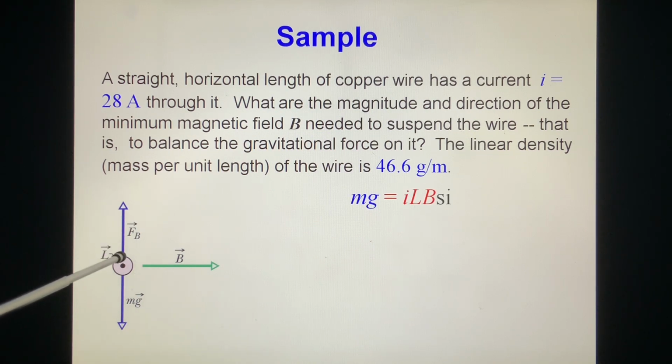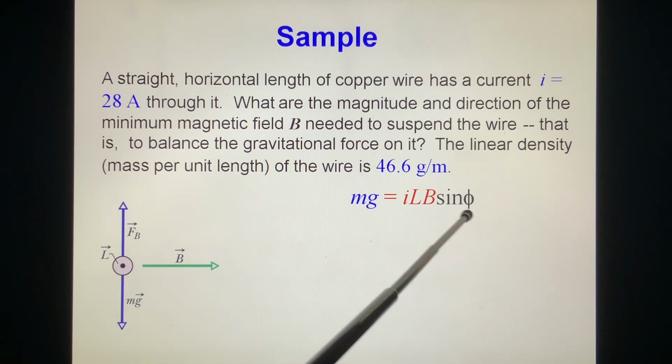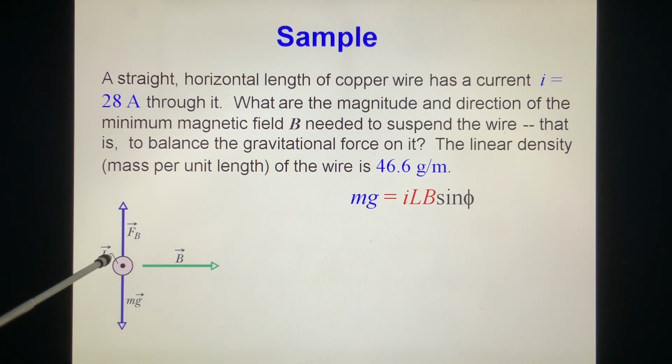Now, the key point is what to balance it. So the F_B must be upward as well. So the magnitude must be equal to mg. In other words, mg equal to I L B sine phi. Phi is the angle between B and the current. We don't know.